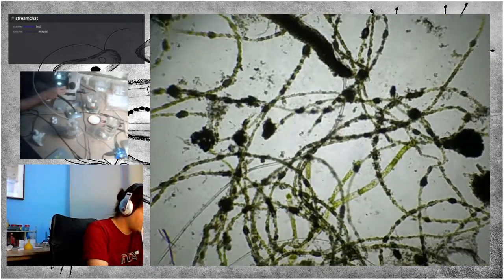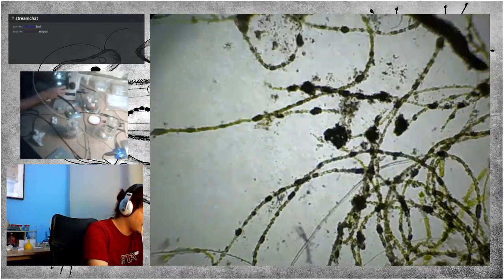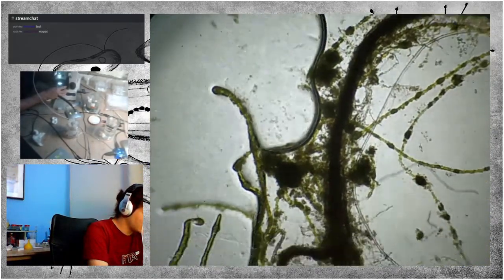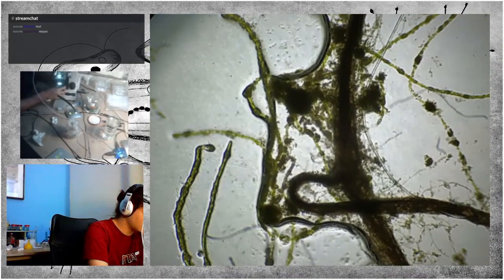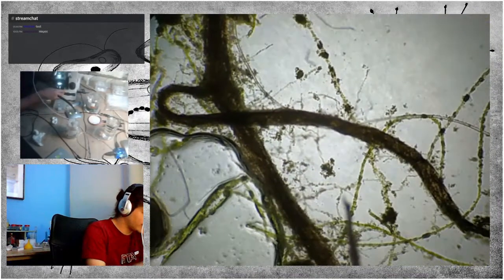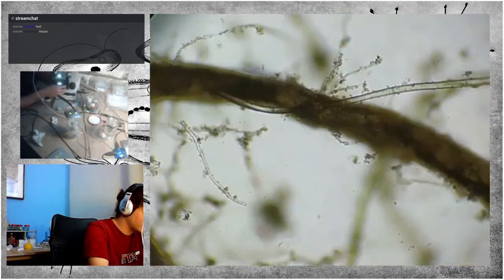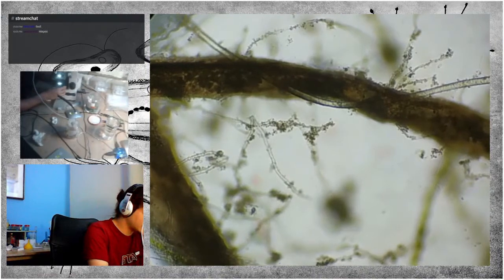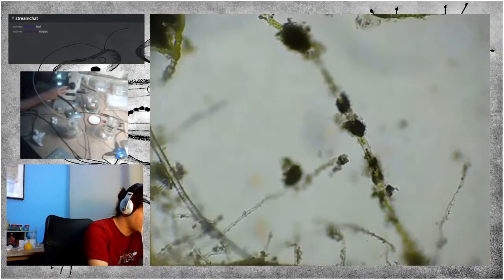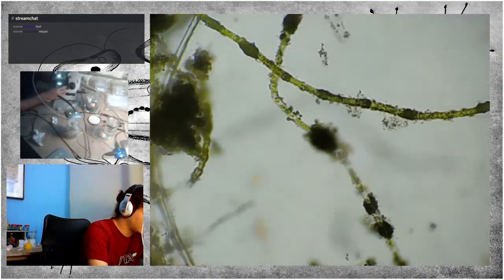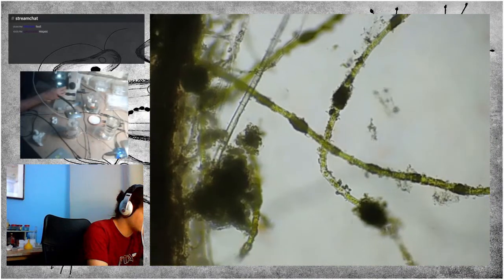Now, I'm not seeing currently anything wildly interesting, but that may change once we go up in magnification. This is, by the way, 40 times magnification. Now let's go to 100 times, and here you can see lots more detail. And again, the algae.